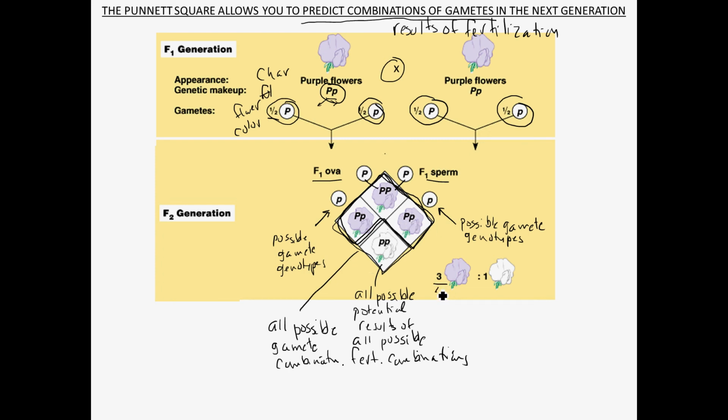So 3 out of 4 and 1 out of 4. So a 3-to-1 ratio, right? So this is 75%, right? 3/4 is 0.75, right? And 1/4, right? 25%, 0.25, right? So this is a visual representation of what's going on there. Okay, so there's the monohybrid cross.